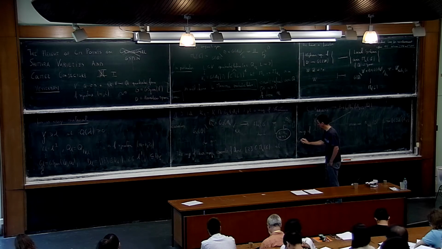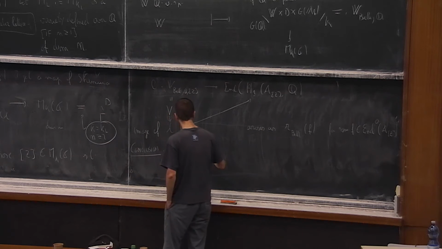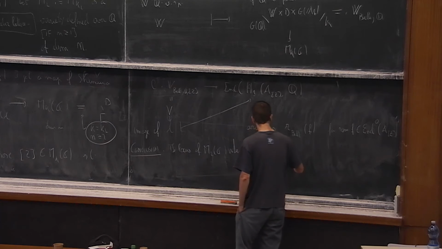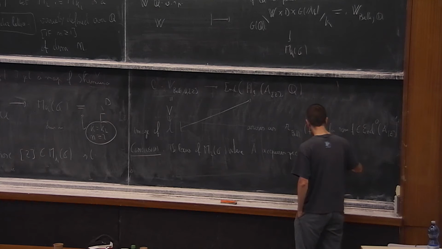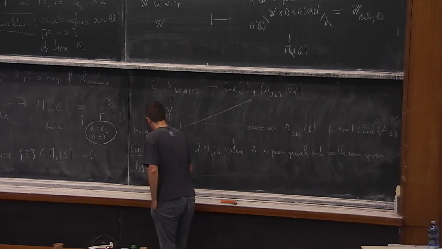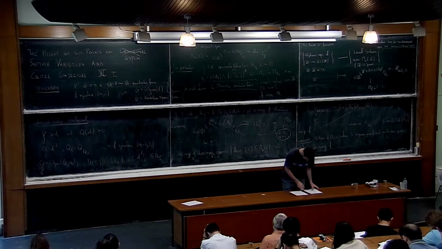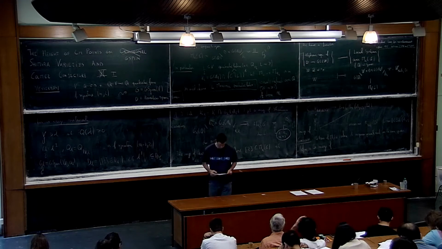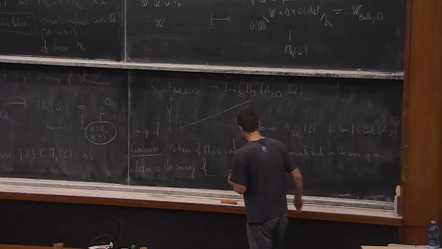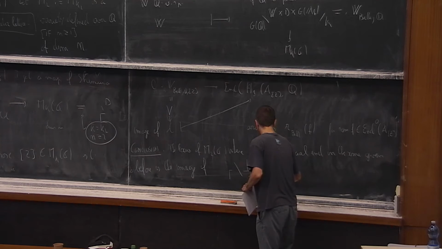So let me write the conclusion here. The locus of MLC where A acquires special endomorphisms in the sense given before, is the image, so let me write precisely what I get, is the image of the disjoint union of all lambda in L dual of d lambda.